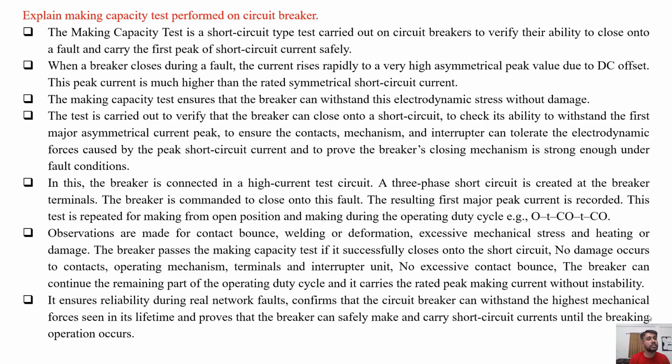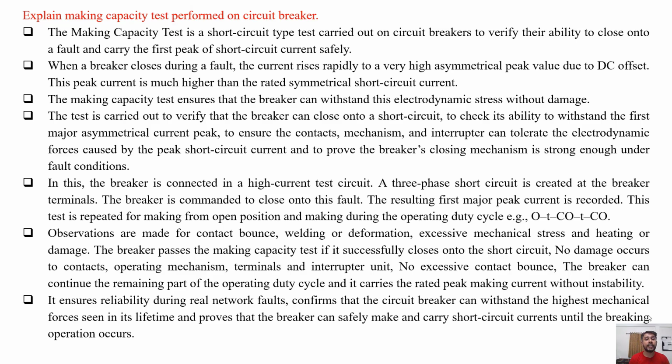When a breaker closes during a fault, the current rises rapidly to a very high asymmetrical peak value due to DC offset. This peak current is much higher than the rated symmetrical short circuit current. The making capacity test ensures that the breaker can withstand this electrodynamic stress without any damage.